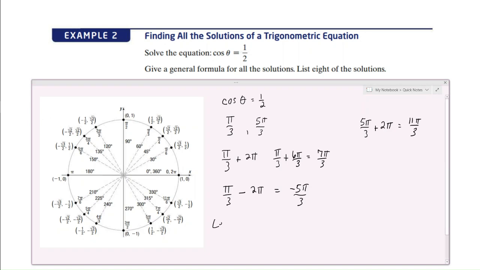If we let k be an integer, then our theta, the angle that we found, plus 2 times k times pi, and the other base that we found, plus 2 times k times pi. These are all going to be solutions.